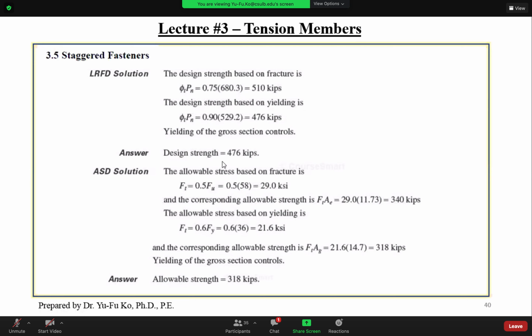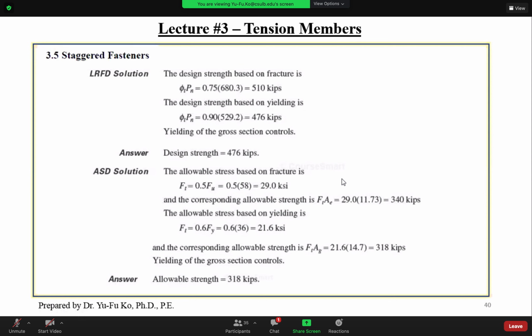Any questions? No, sir. And then, based on ASD, if we use the allowable stress approach, the allowable stress based on fracture is 0.5 FU. So allowable tension stress based on fracture is 29 ksi.